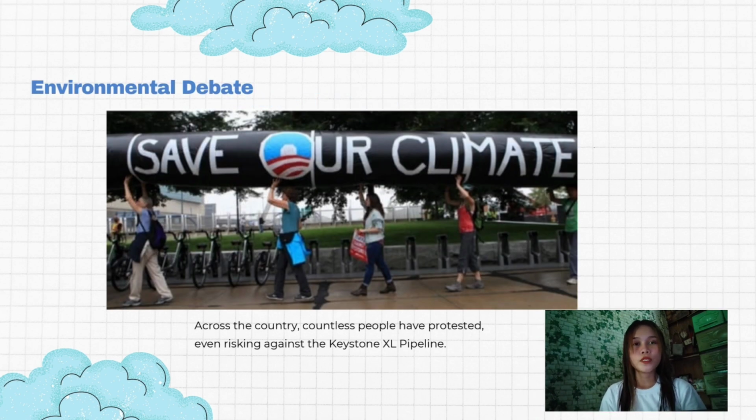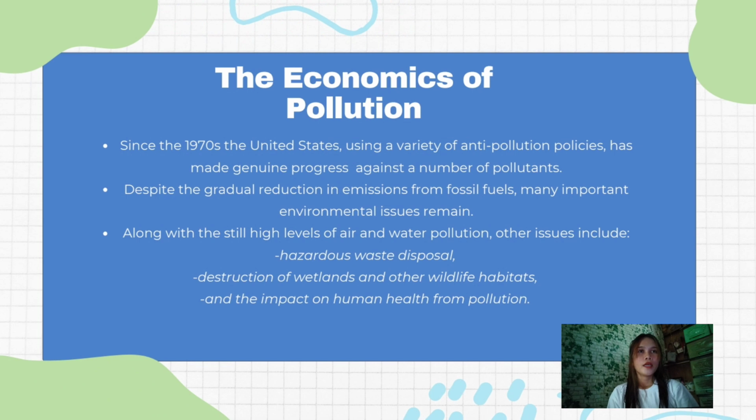Many people have always been concerned about our environmental issues since the publishing of the famous Tragedy of the Commons paper. The economics of pollution: the paper came out in 1967, and by the 1970s we were getting a number of anti-pollution policies and made good progress against a lot of things.